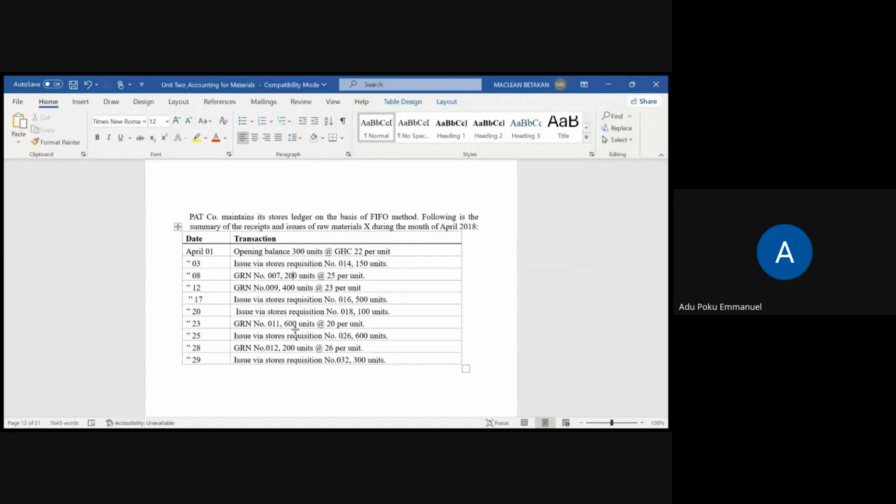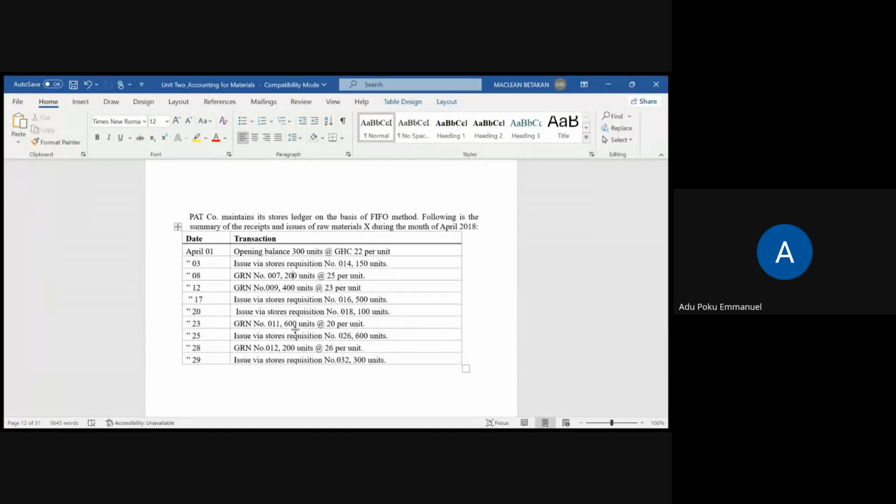April 8th, JRN number 007, 200 units at 25 per unit. April 12th, JRN number 009, 400 units at 29 per unit. April 17th, issue via store requisition number 018, 500 units. April 20th, issue via store requisition number 018, 100 units.